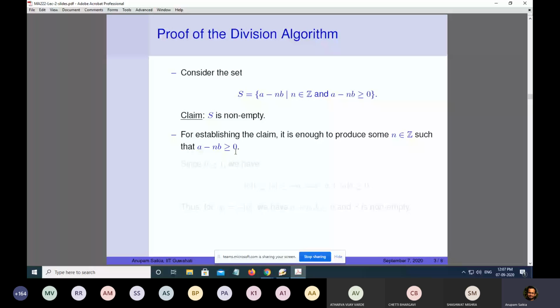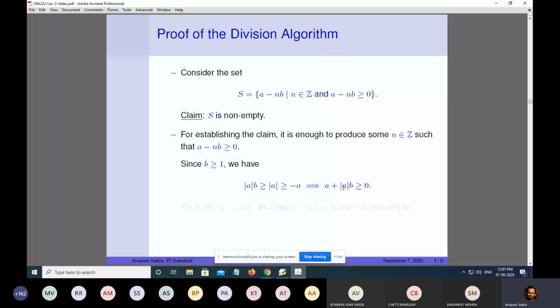And one thing we know is that b is positive, so b is at least 1. Hence, if we multiply |a| and b, it is certainly bigger than or equal to |a|, because b is at least 1. And we know that |a| is always bigger than or equal to minus a. So in other words, if I take it to this side, a plus |a| times b is non-negative.